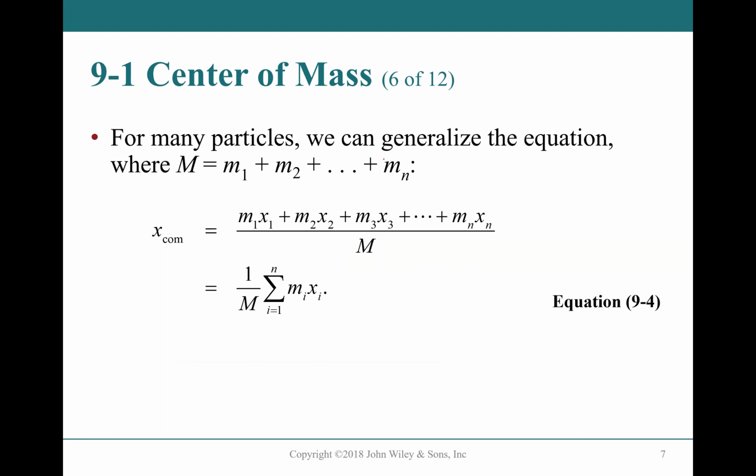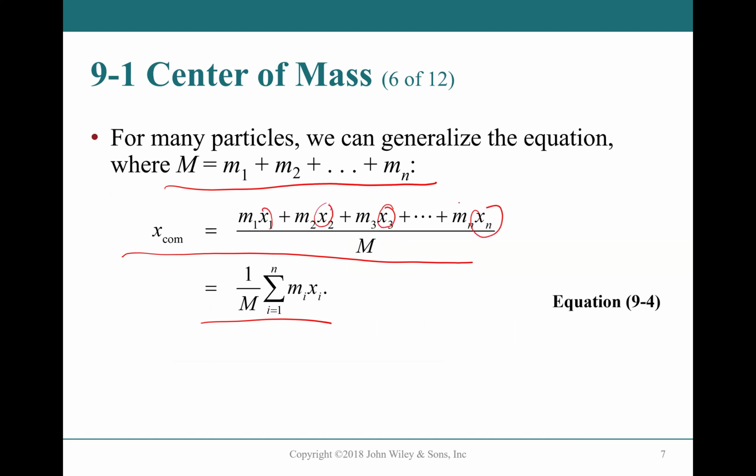So for many particles, we can generalize the equation. We have this, and then we have this and this. So if we have n particles, M1 plus M2 plus M3 all the way to Mn, and multiply by the location for each single particle, divided by the total mass, you can get the COM, okay?